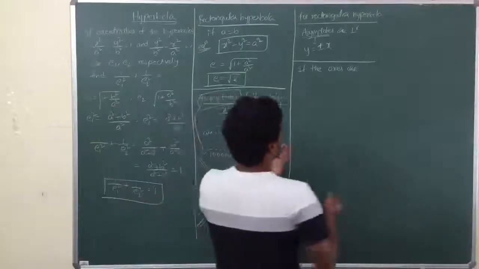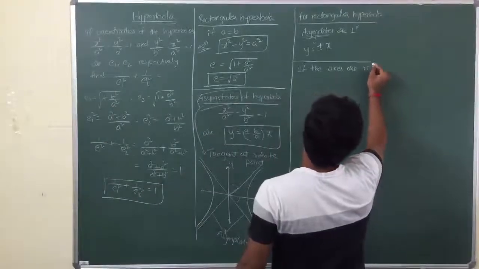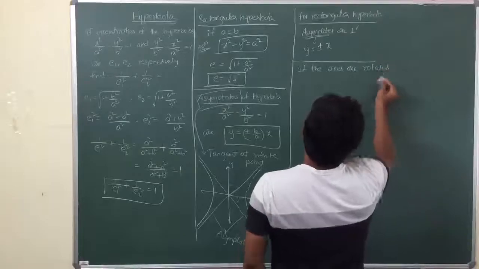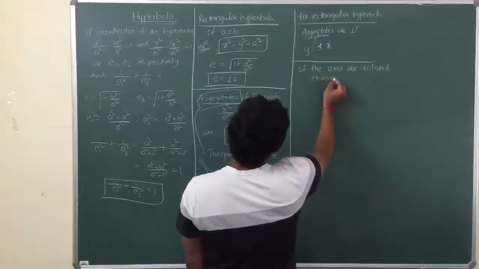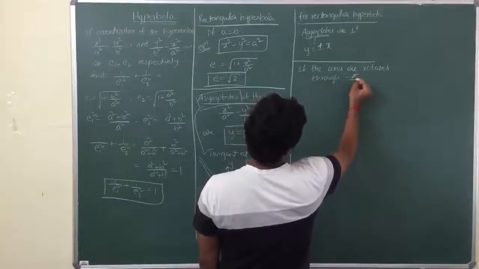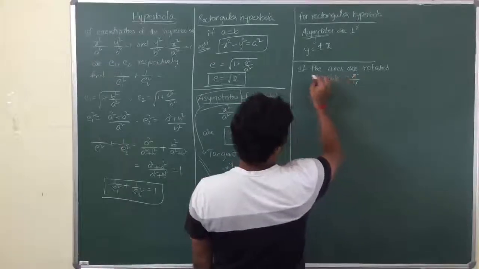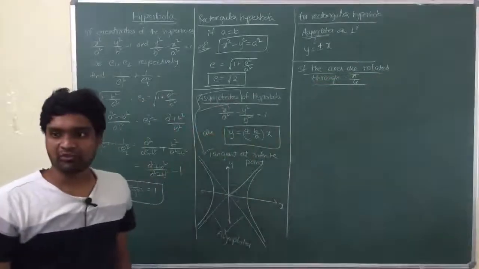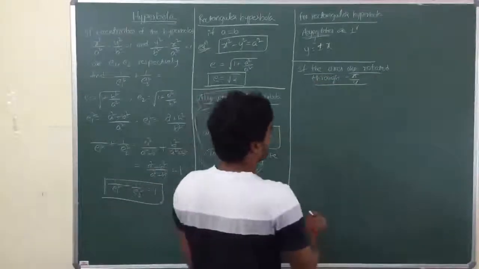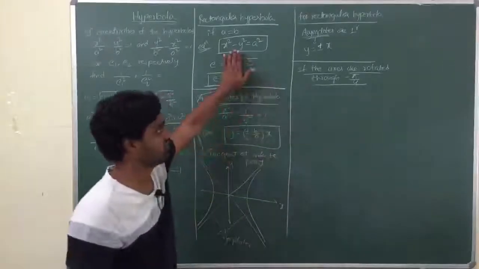Okay. So if the axes are rotated through minus pi by 4, then the equation will be this equation.